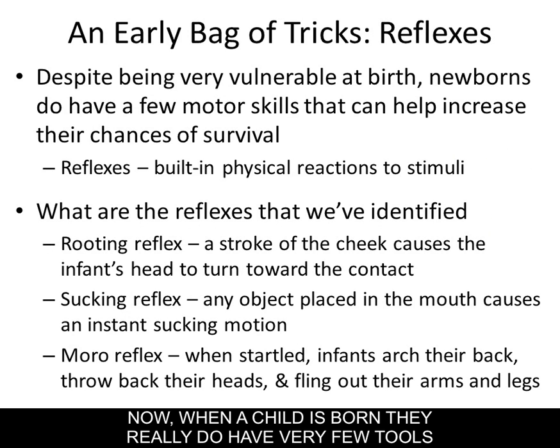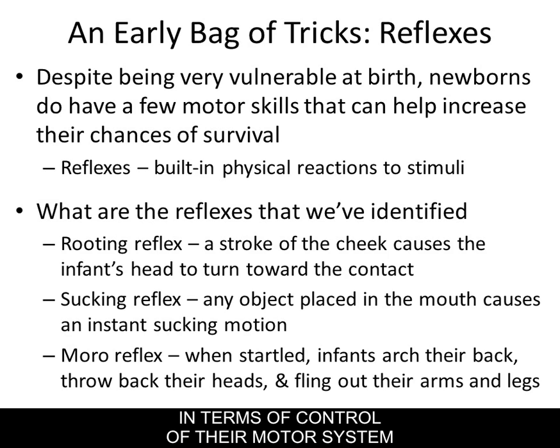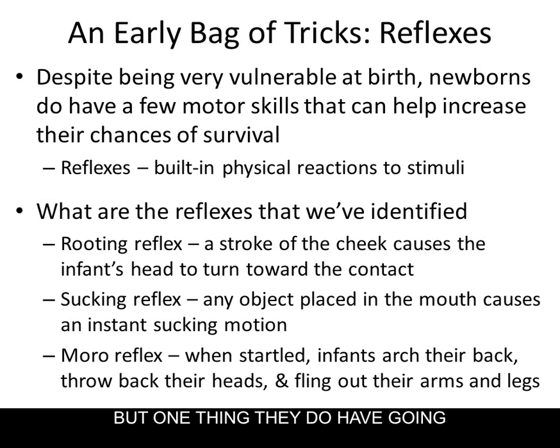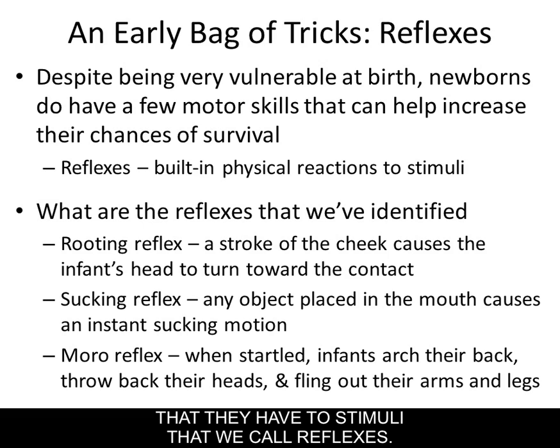Now, when a child is born, they have very few tools available to them, at least in terms of control of their motor system. But one thing they do have going for them is that almost all children have a number of built-in reactions to stimuli that we call reflexes.